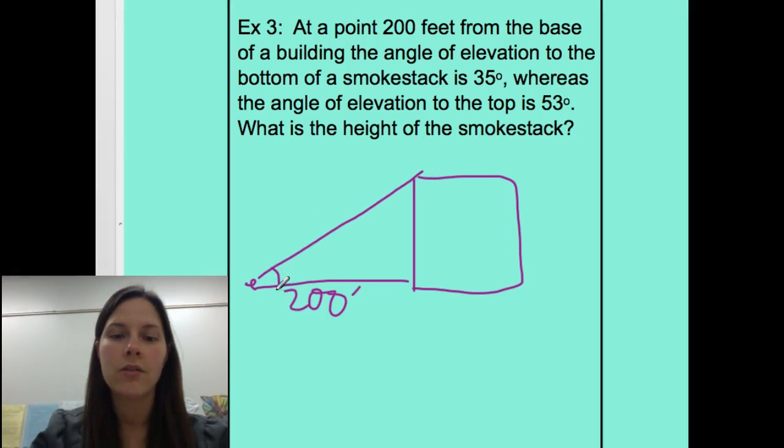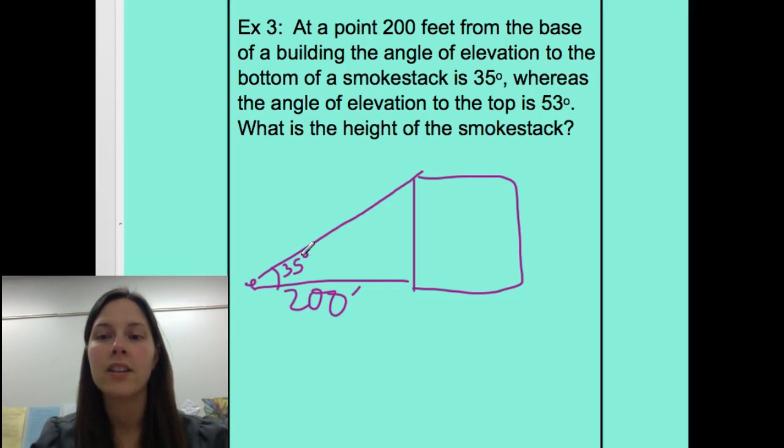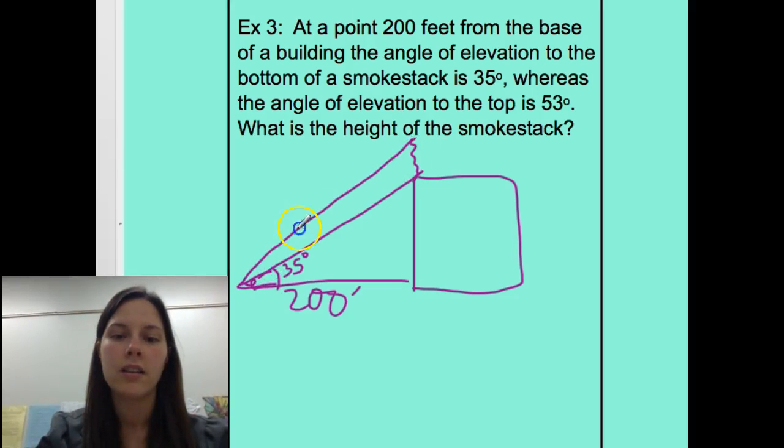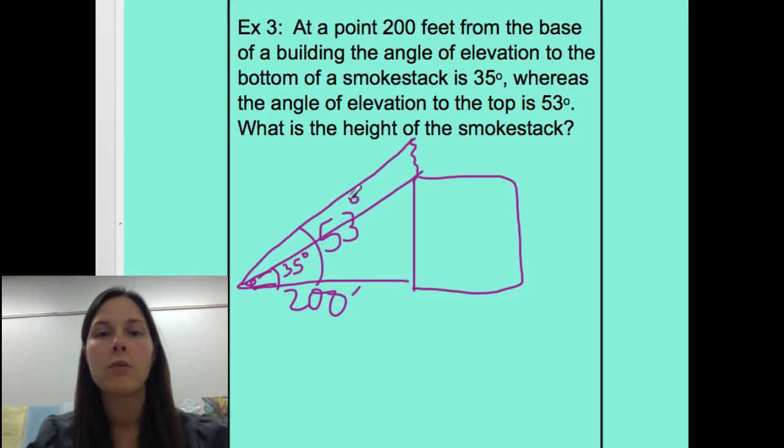So this is a 35-degree angle of elevation. And then it says the angle of elevation to the top of the smokestack. So we're going to draw a little smokestack here from that same point. So this angle of elevation is 53 degrees. And we're looking for just the height of the smokestack.